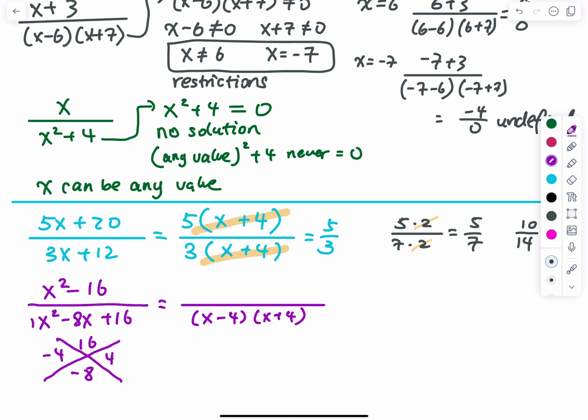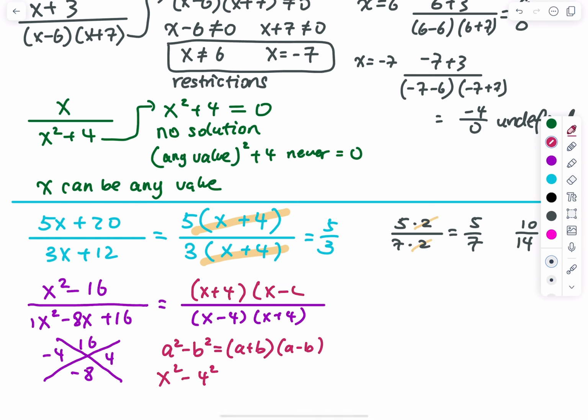And then for the top, you have to recall a squared minus b squared equals a plus b times a minus b. This shouldn't be something on your cheat sheet or your note card when you take an exam. This should be in your mind. So x squared minus 16 is a perfect square, that is 4 squared. So you have x plus 4 times x minus 4. Okay, what do they have in common?